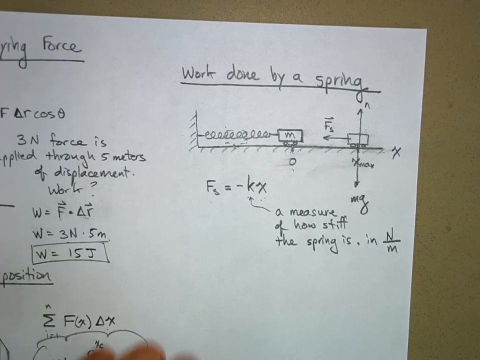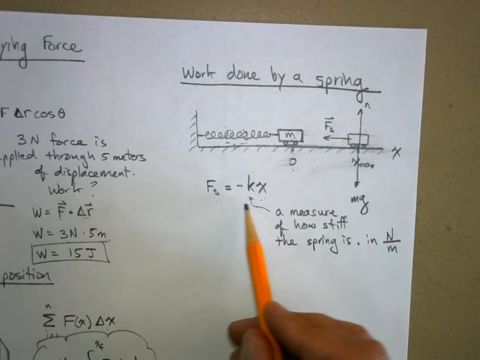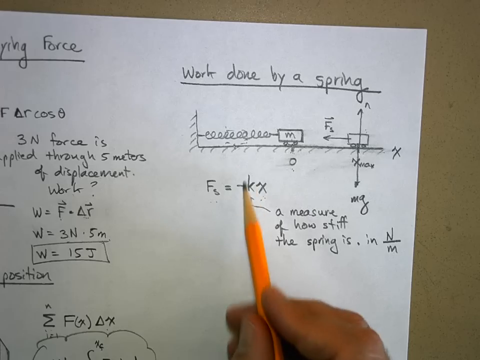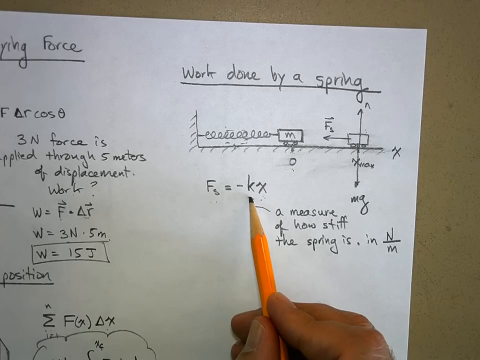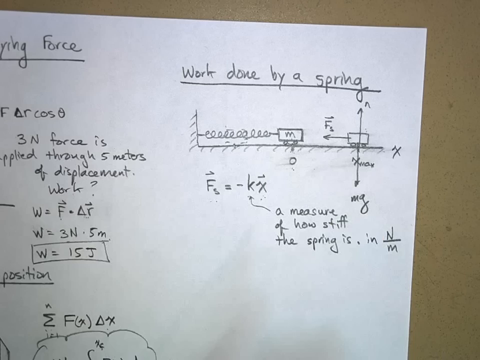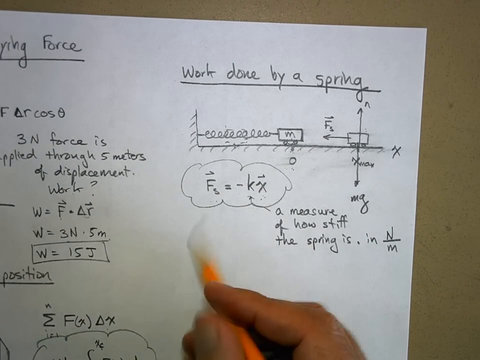So the force applied by a spring is equal to, it's directly proportional to my position away from the equilibrium position. This is just a property of the spring. You could have a stiff spring or a weak spring. And this indicates the direction. So let's make these vectors. Okay. And this right here is called Hooke's law.